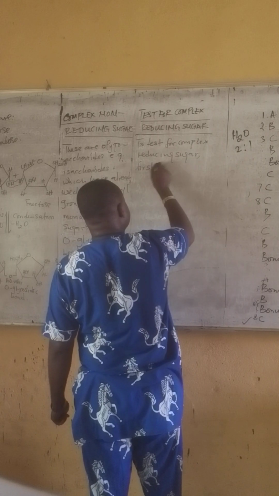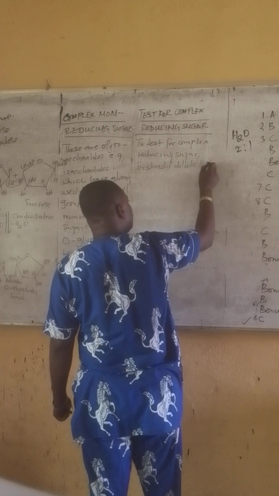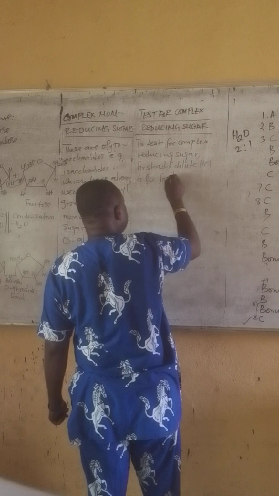To test for complex reducing sugar, first add dilute HCl to the food sample. Why are you doing that?